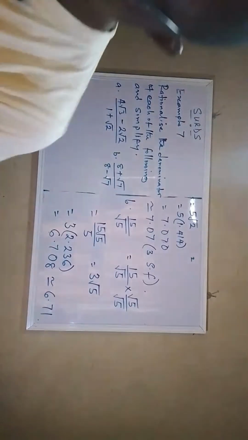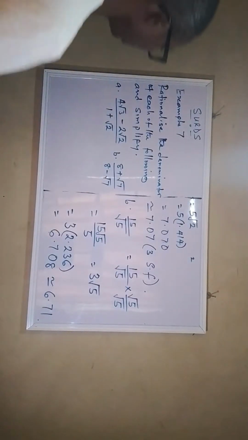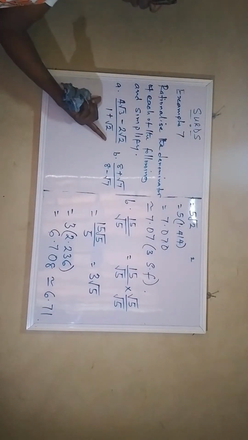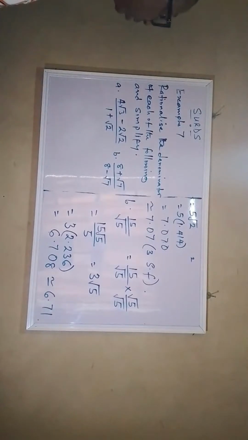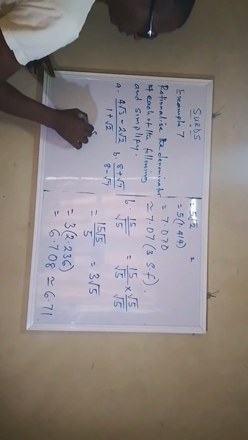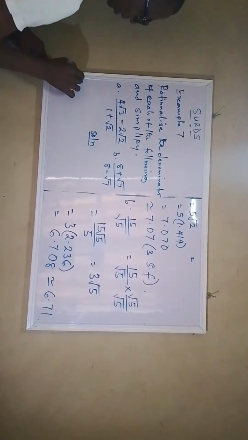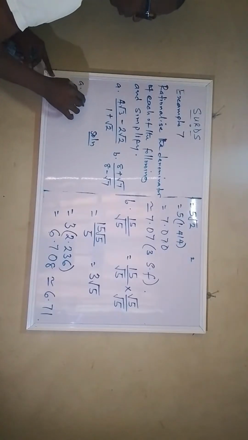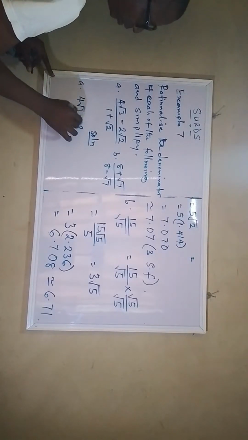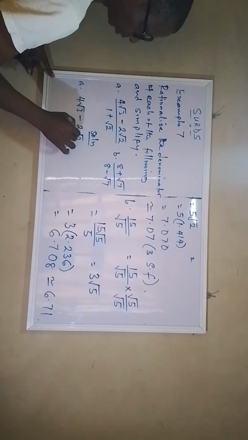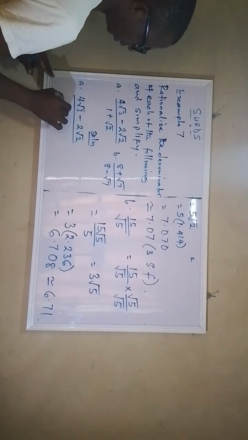Okay, now let's look at the problem here. So we have to simplify this by rationalizing the denominator. So the first thing to do now is you find the conjugates of the denominator.